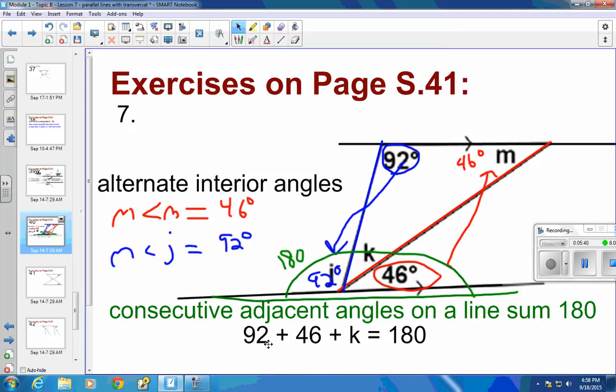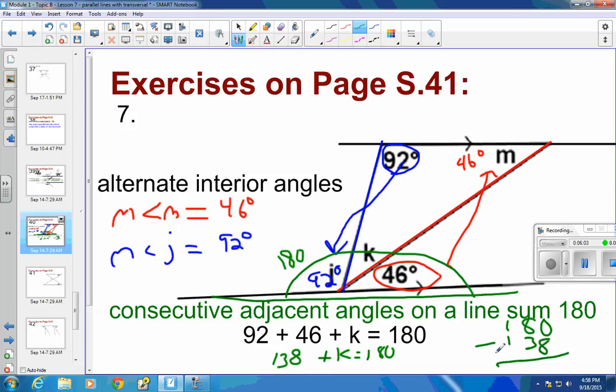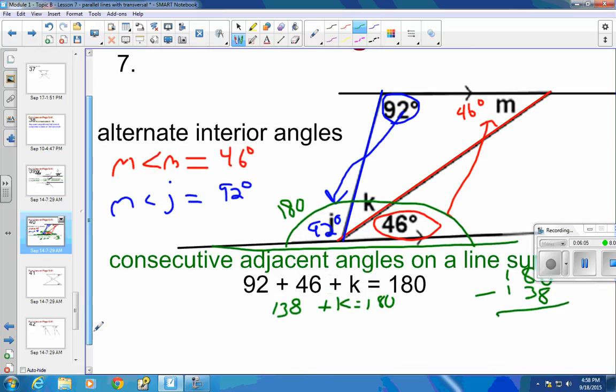So if I add these two together, 92 plus 46 would give me 2 plus 6 is 8, and 9 plus 4 is 13. And then if you take the 180 and subtract the 138 from it, right, so we're subtracting the 138 from both sides, however you want to think about it.